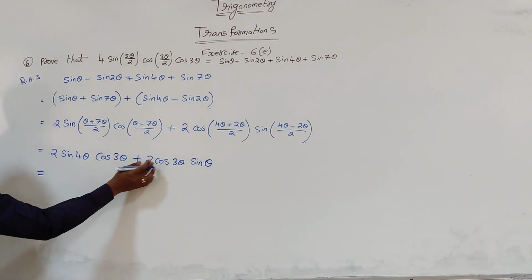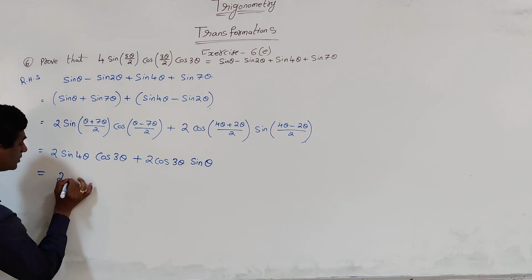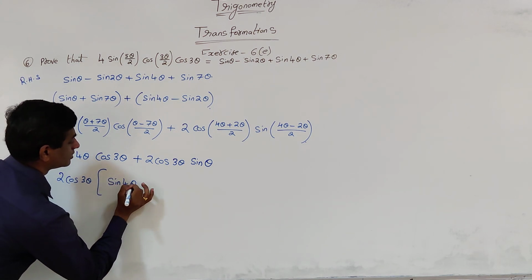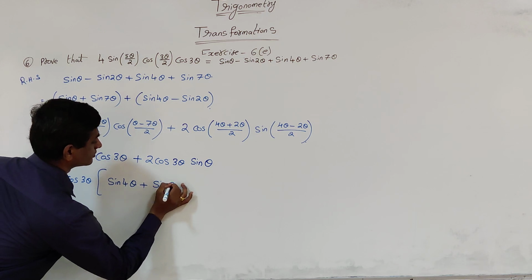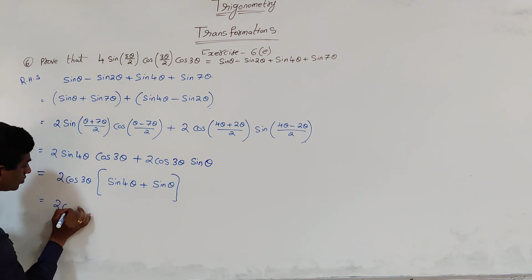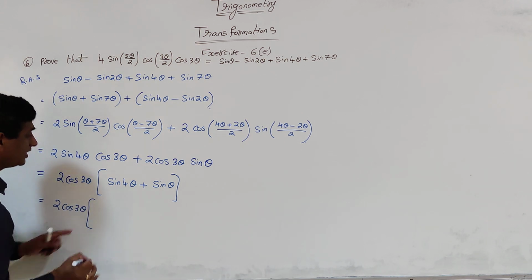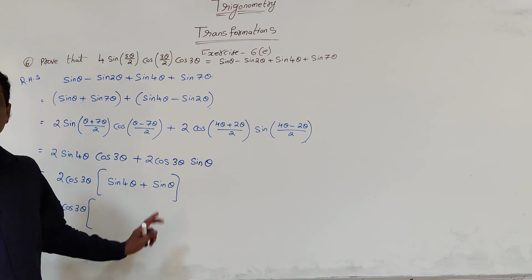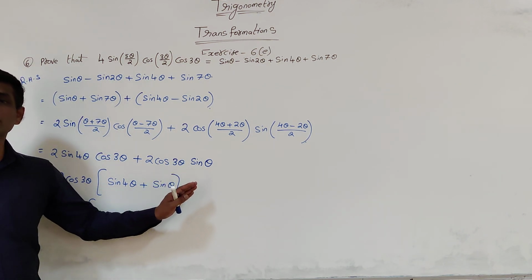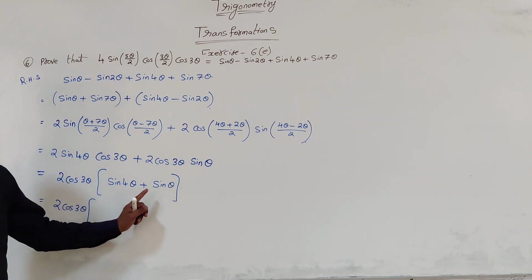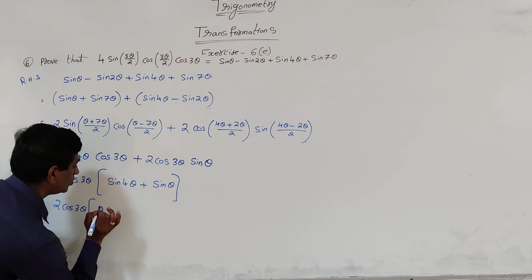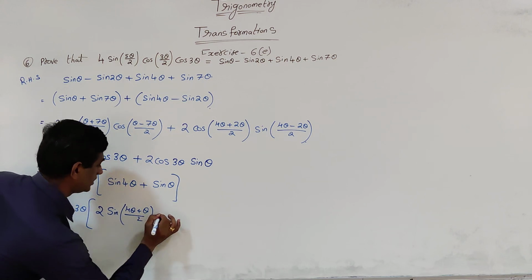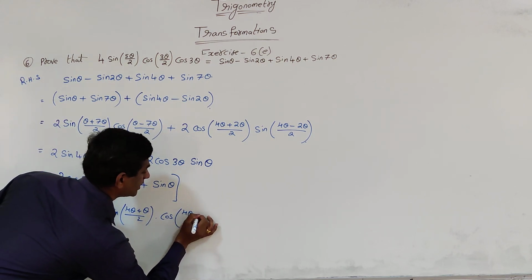Now among these, 2 cos 3 theta is common. Then it will be sin 4 theta plus sin theta, with 2 cos 3 theta as it is. Again it is in the form sin C plus sin D, the sum of trigonometric ratios. This sum can be transformed to the product, so it will be 2 sin of (4 theta plus theta) by 2 into cos of (4 theta minus theta) by 2.